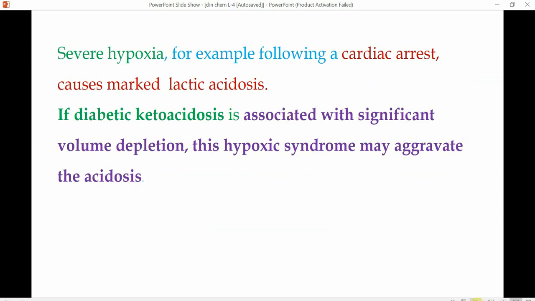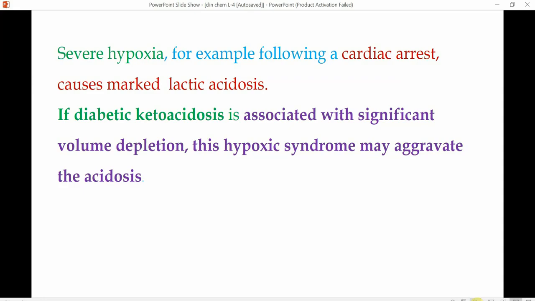Cases of severe hypoxia can be detected in patients after cardiac arrest, which would also result in lactic acidosis.